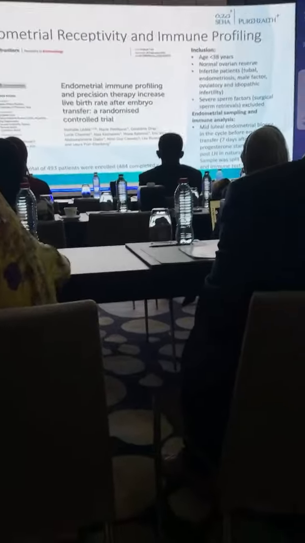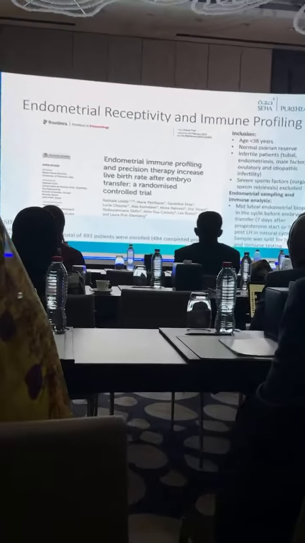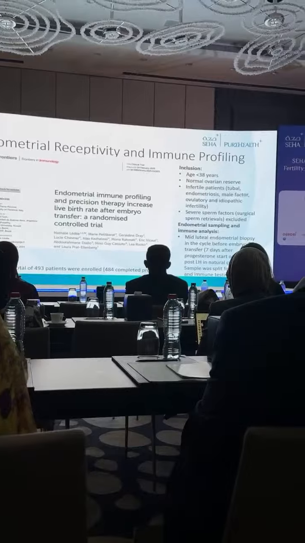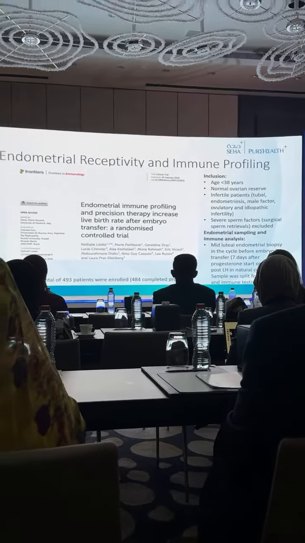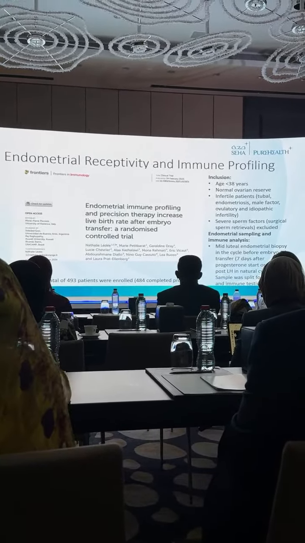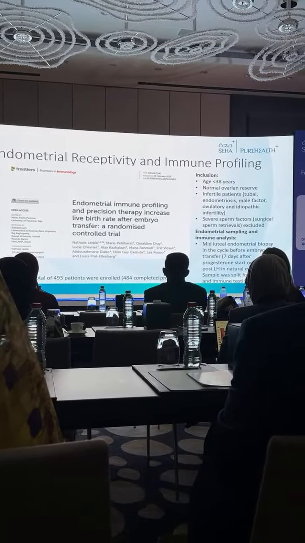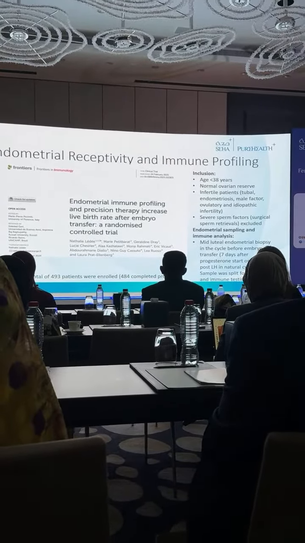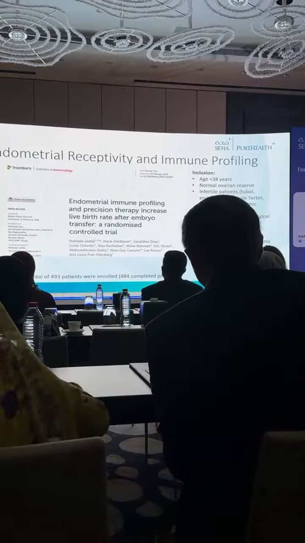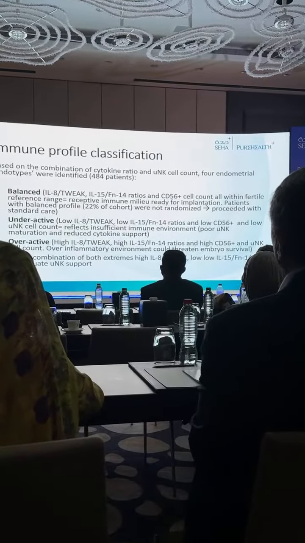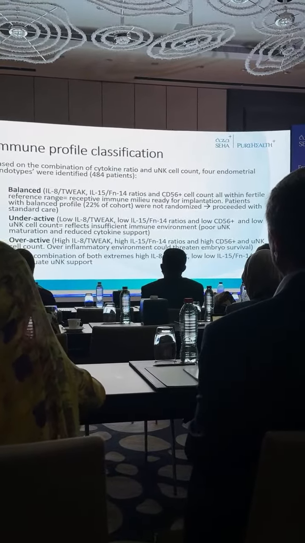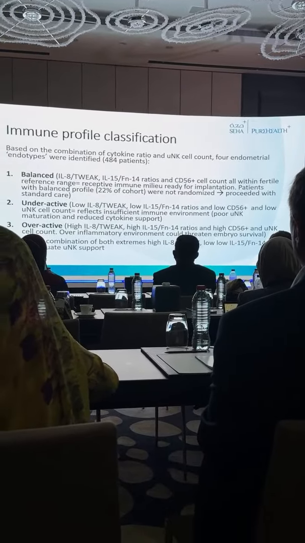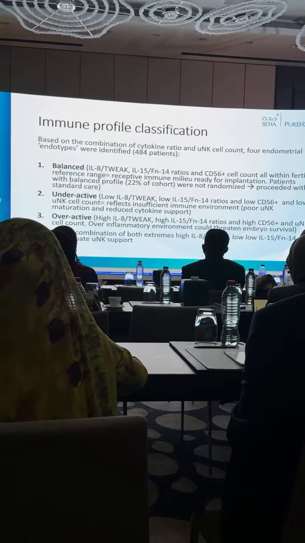They carried out a study where they put patients into two categories.